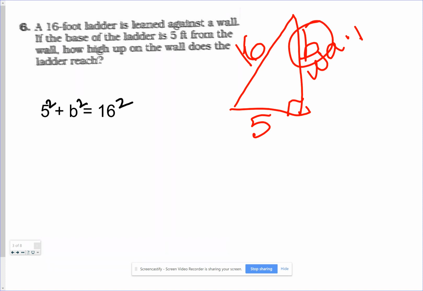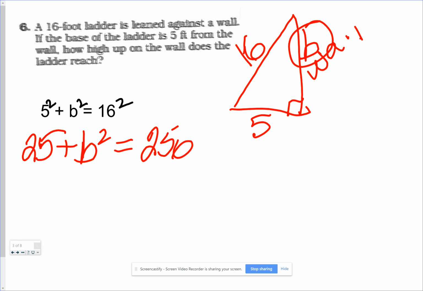So take 5 squared plus b squared, and that has to equal 16 squared, which I happen to know is 256. All right, this is a subtraction one, so you're going to end up with b squared, subtract 25 from each side, is 231.